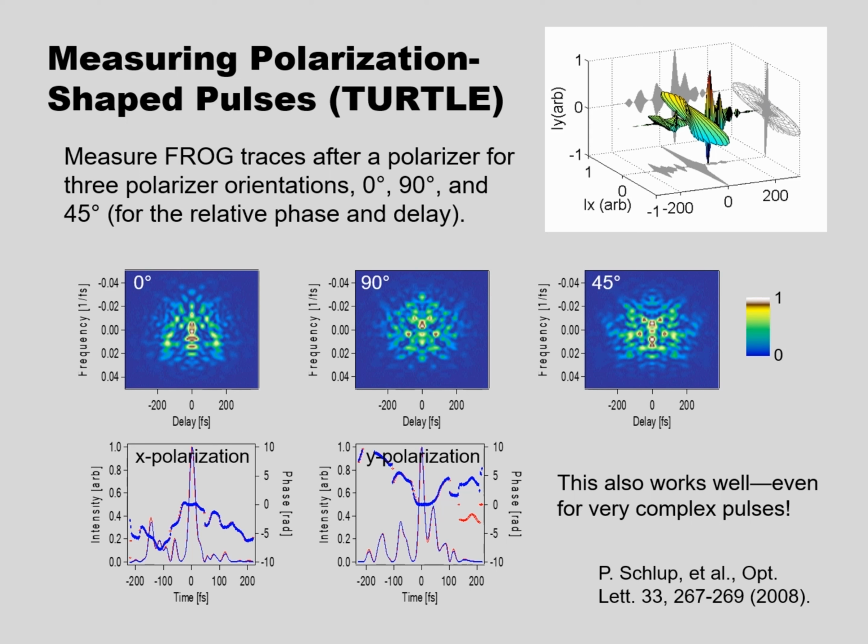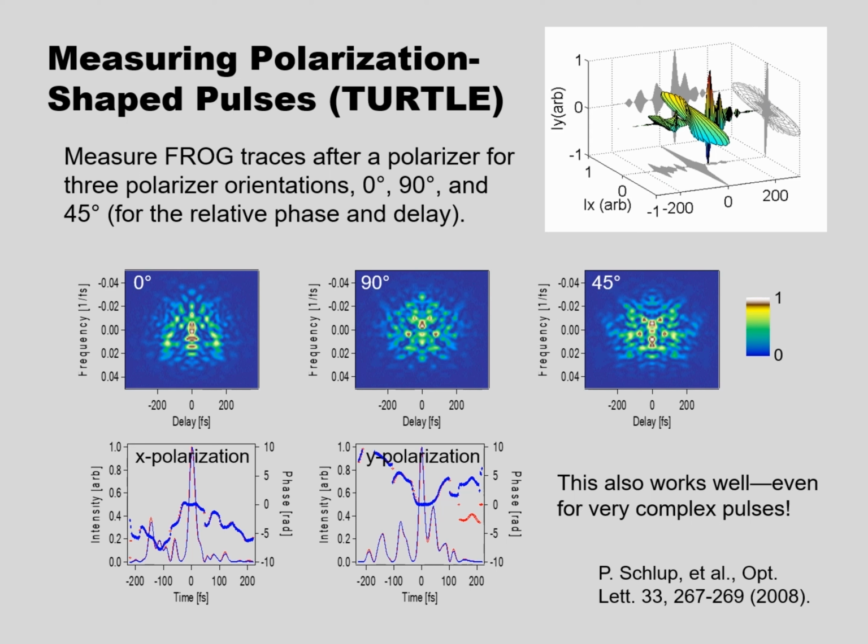Of course, we can make 2 measurements, one of the pulse's vertical polarization and another of its horizontal component, by rotating a polarizer in the beam to 0 degrees, making a measurement, and then to 90 degrees, and then making an additional measurement. But in view of the ambiguities I just mentioned, we can see that this won't be enough.